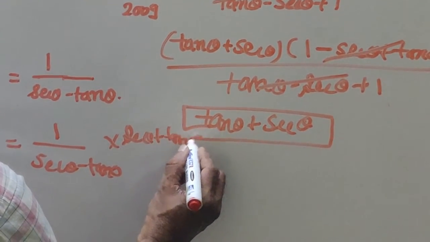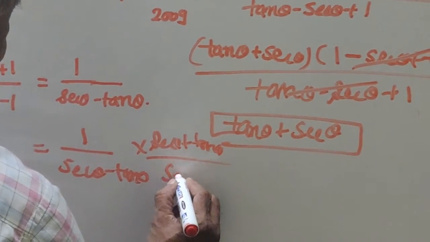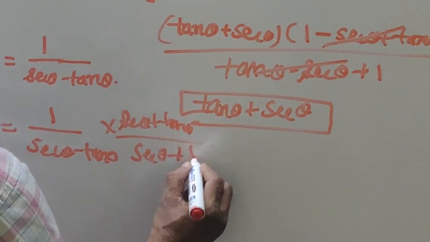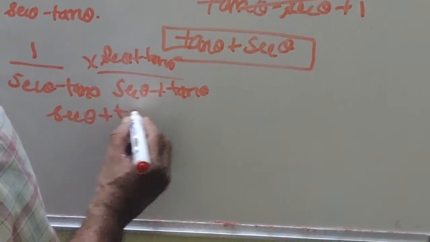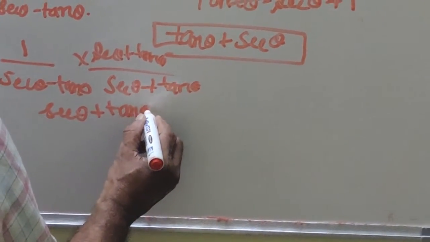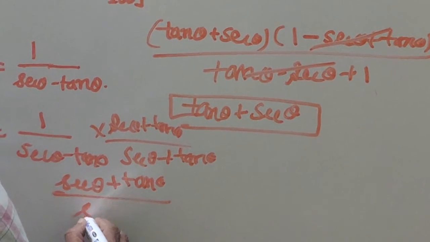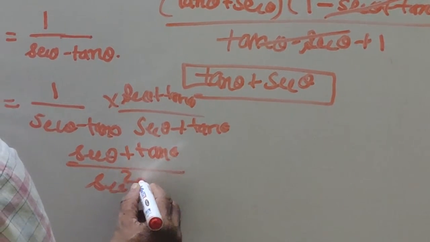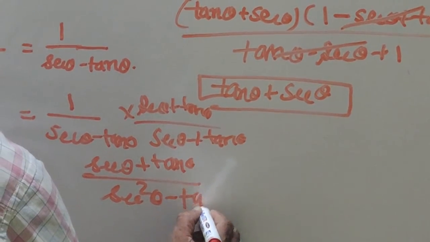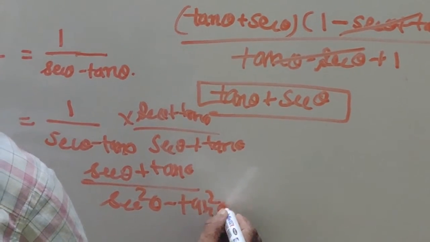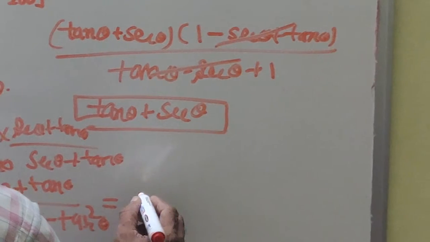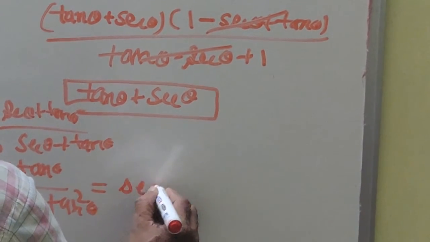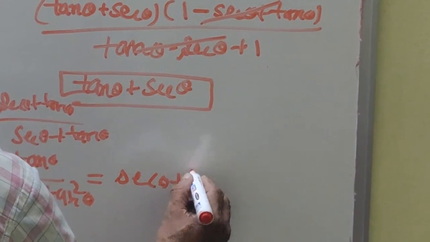Now this will be sec theta plus tan theta over sec theta plus tan theta. Now my denominator will be, what will come here? Sec square theta minus tan square theta. And what is the value of sec square theta minus tan square theta? It is 1, already told you. So this is equal to sec theta plus tan theta.